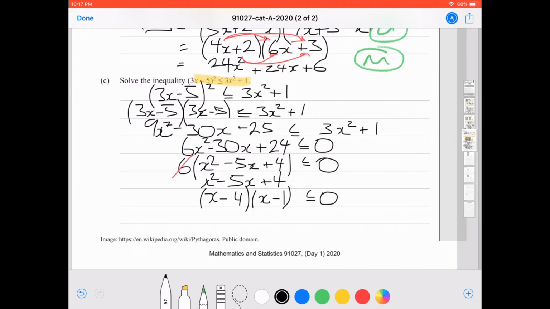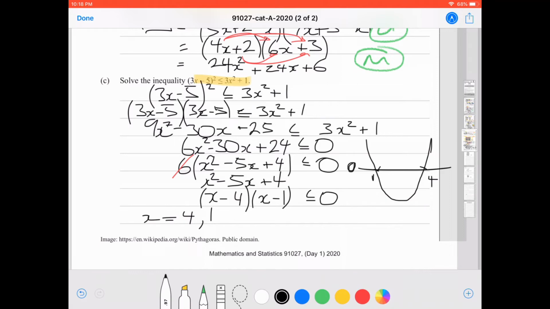Let's say for a moment that the equation equaled 0. Our two solutions for x would be x equals 4 and 1. But we've got this less than or equal to symbol. And so the easiest thing here is to actually draw out what's going on. So we've got our positive parabola. This horizontal line represents 0. And our values for x are 1 and 4. Those are our roots.